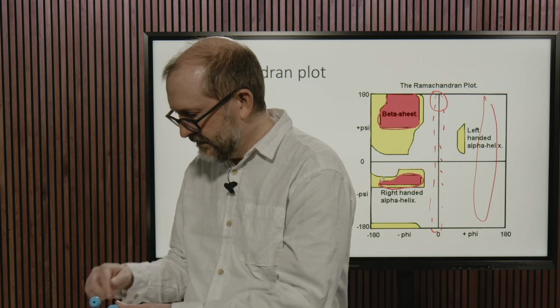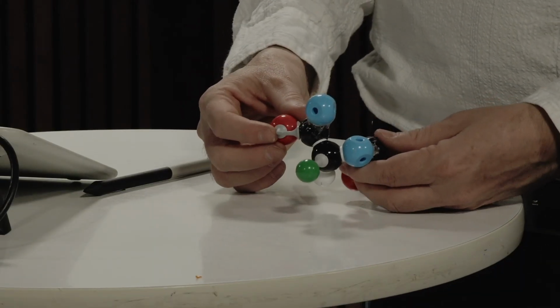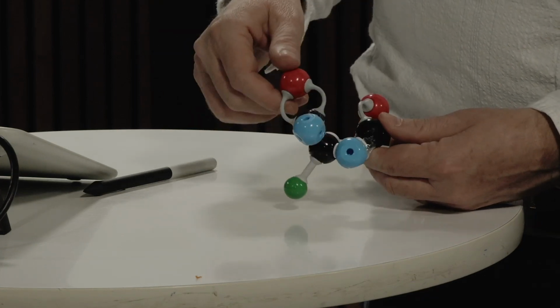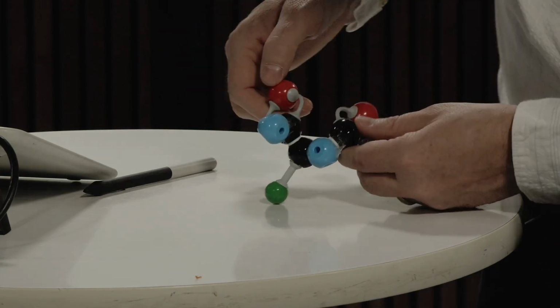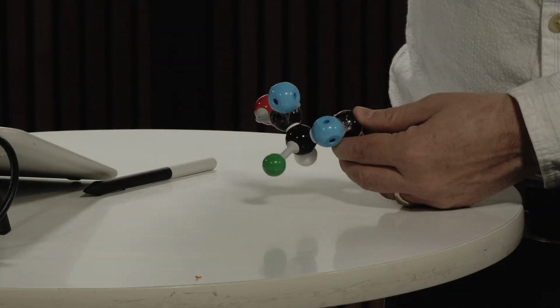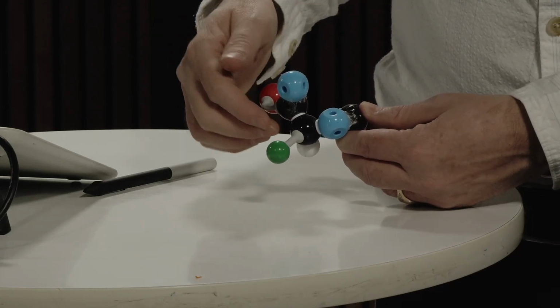So this is one amino acid in alpha helix, and it might be hard to see right now, but it's kind of making a little C shape. The backbone is, and you have to imagine that the next residue is going to be attached here, and so these things will make a spiral ultimately.